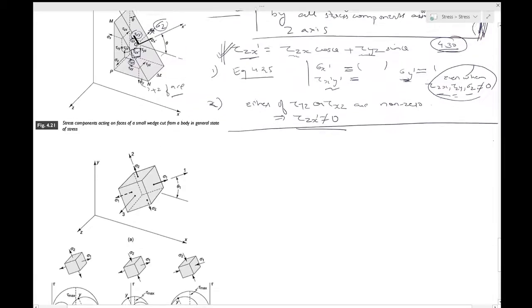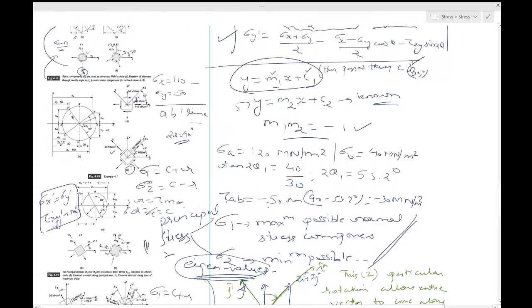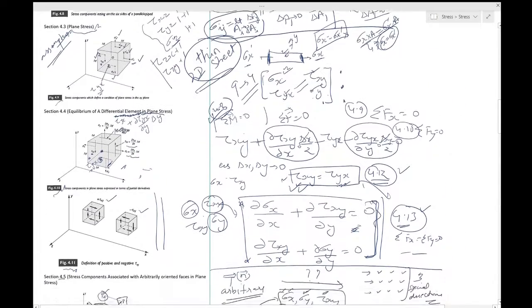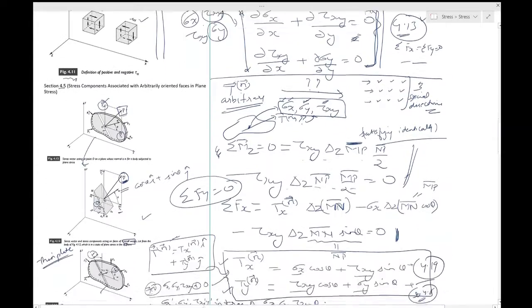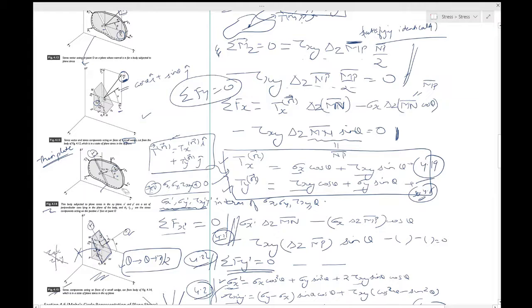So let's go to figure 4.14. Okay, this is figure 4.14, and you have taken an element out of this plate. Because it's a plane stress situation, that's why you have a thin plate. Okay, we have now come back to plane stress for a moment.